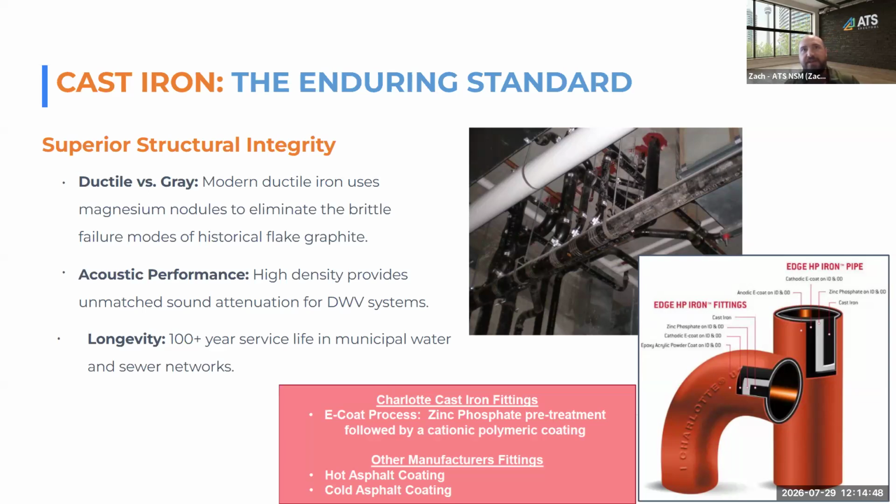Between the off-gassing and temperature, that leads us to these E-coated cast irons like the Edge HP, which handles aggressive waste in a great way. These are also great in ultra low flow applications. That's a more recent use case for these coated cast iron products.